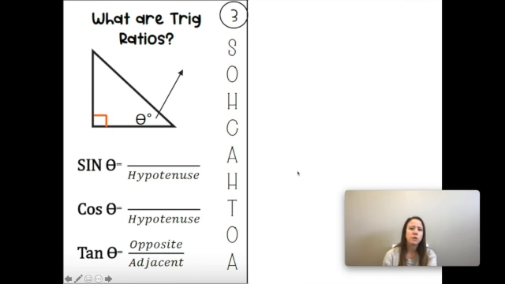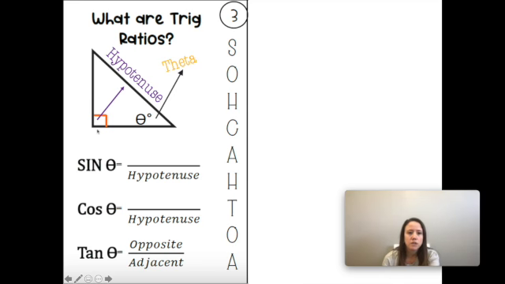Okay, so what are our ratios? You may recall SOHCAHTOA. You want to remember SOHCAHTOA as your acronym there, where sine, cosine and tangent are our 3 trig functions. If you see this little symbol, it means theta, and it's a popular Greek symbol to denote angles.